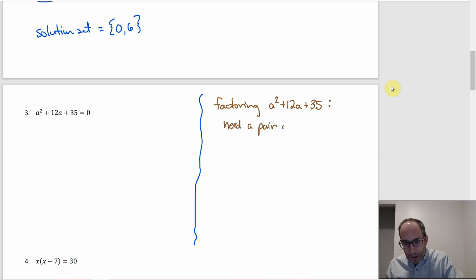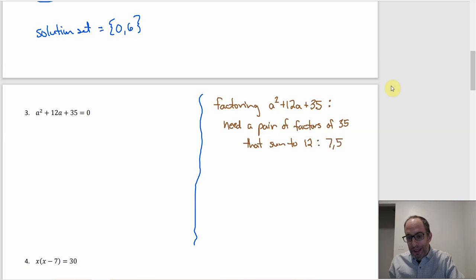Sure. What we're looking for is we need a pair of factors of 35 that sum to 12. And so it's going to be, I guess, the most conventional ones, right? 7 and 5. Right? When you think of things you multiply together to get 35, that's probably the first thing you think of. And they do add up to 12, so we're good. Right?